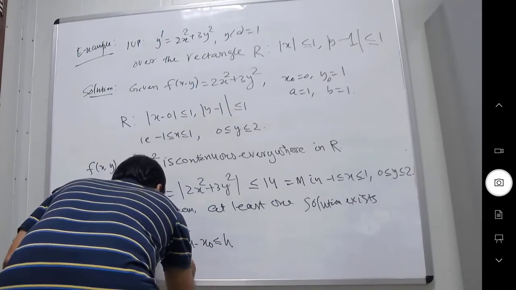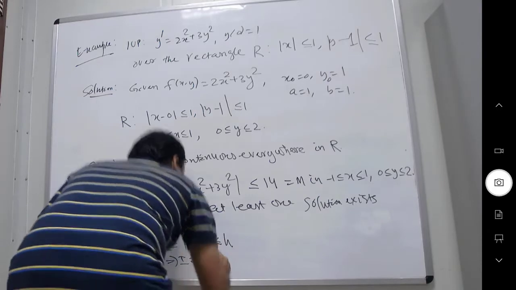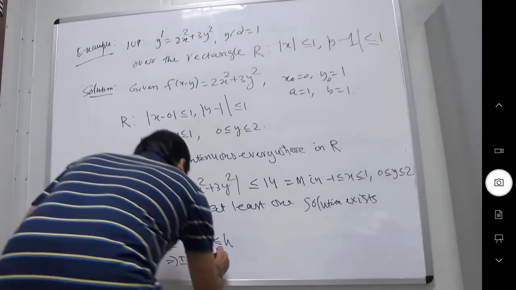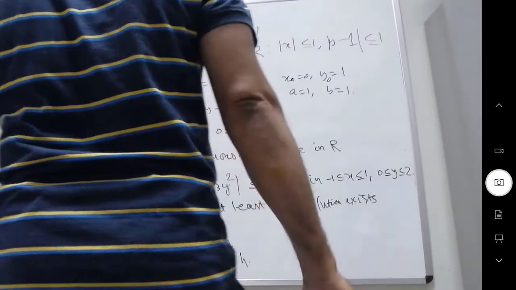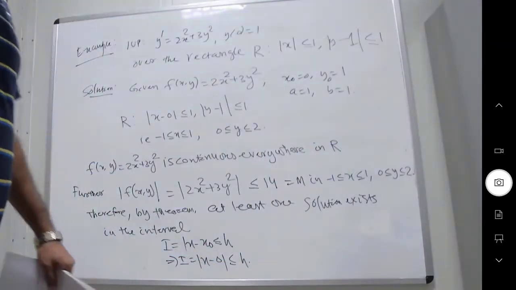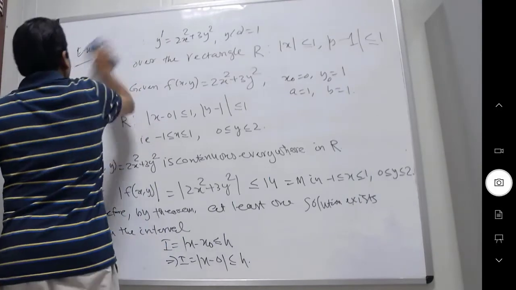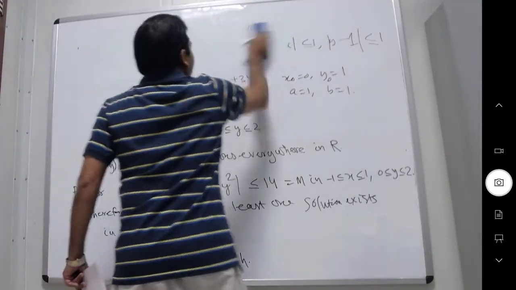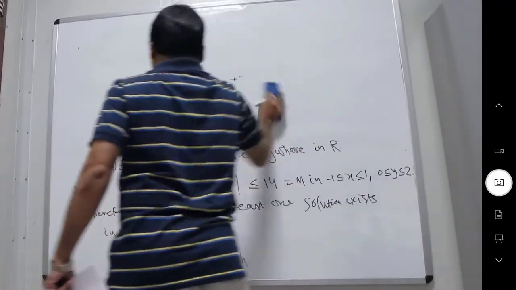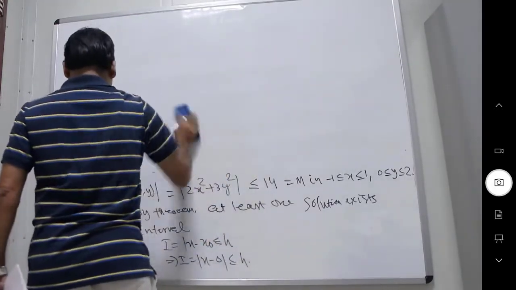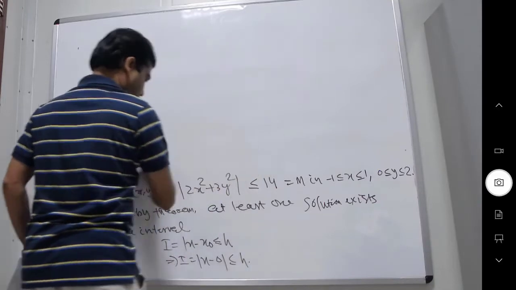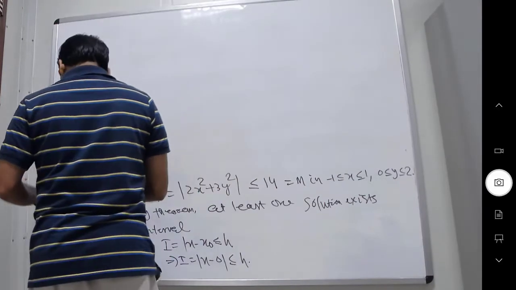So this implies I equal to mod x minus x naught, where x naught is 0. You have to find out the h. What is h? So find out h.